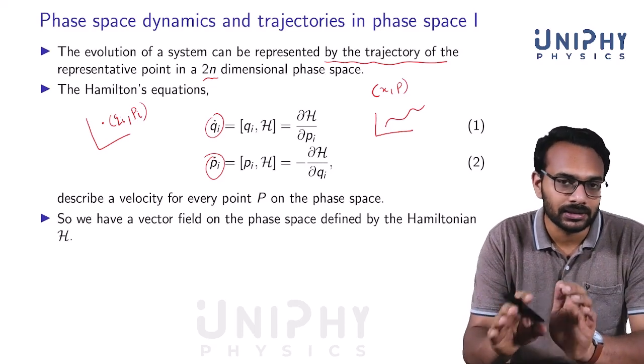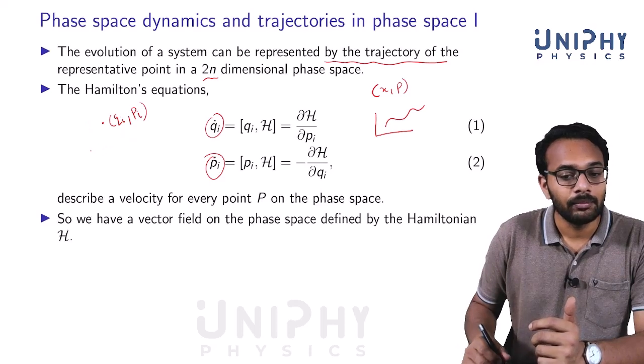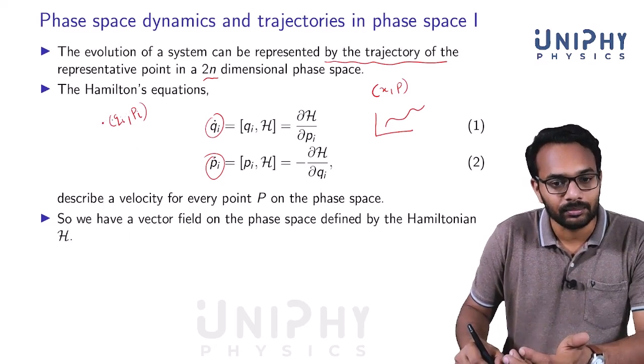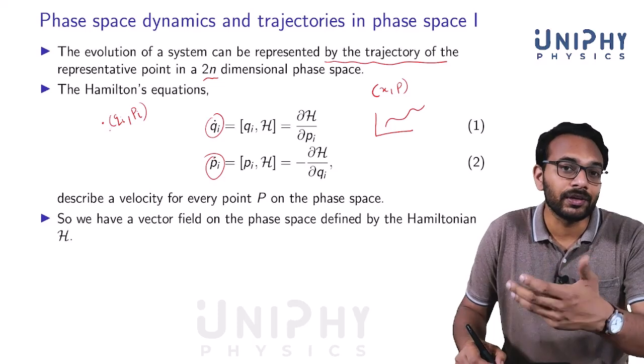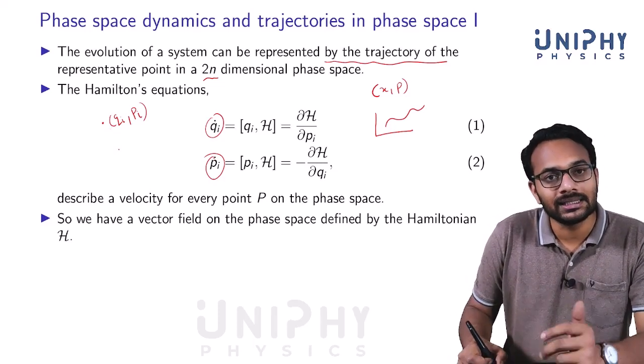In order to specify a point in phase space, you need to give q_i and p_i. Hamilton's equations tell how q_i will evolve with time and how p_i will evolve with time. Essentially, by q_i dot and p_i dot, you are getting a velocity in phase space.